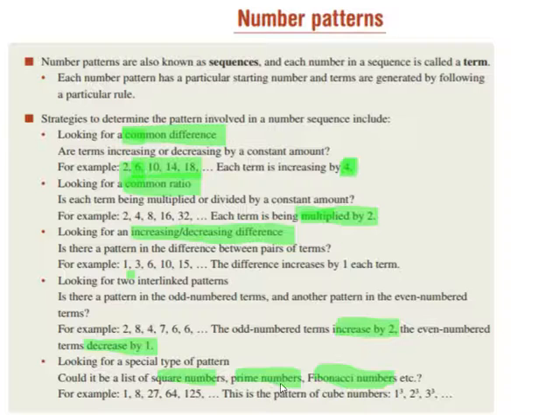This is actually the pattern of the cube numbers. 1 cubed is 1. 2 cubed, which is 2 times 2 times 2, is 8. 27 is 3 cubed, 3 times 3 times 3. 64 is 4 cubed, 4 times 4 times 4, and so on.